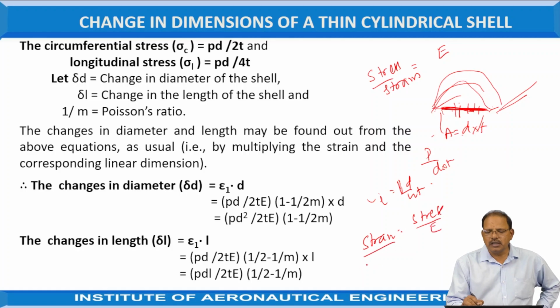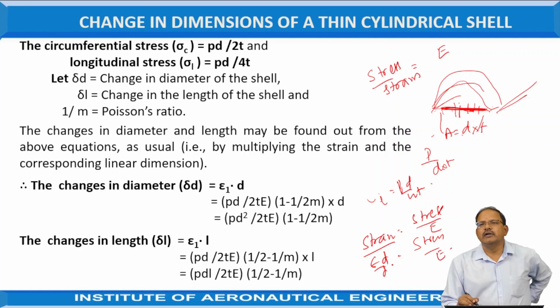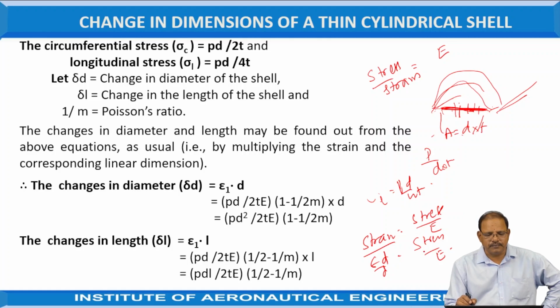Strain is nothing but change in diameter divided by diameter, equal to stress divided by Young's modulus. By using this relationship we can determine the change in diameter as well as the change in length of the pipe.